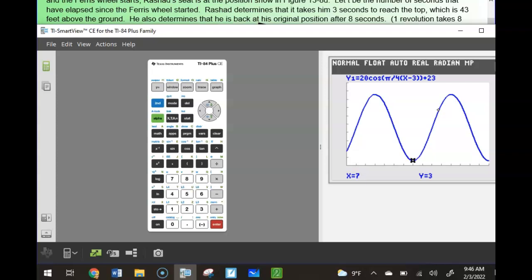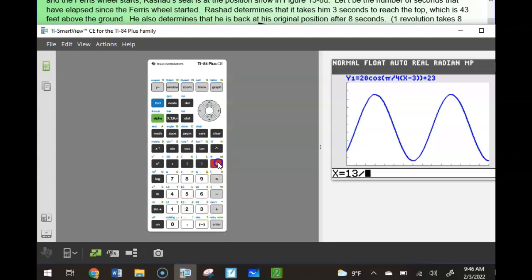Anybody else? Not working? Not looking right? 4 1/3. Any ideas? Yeah, you could do 13/3. That's a good idea. So you could go trace 13 divided by 3.